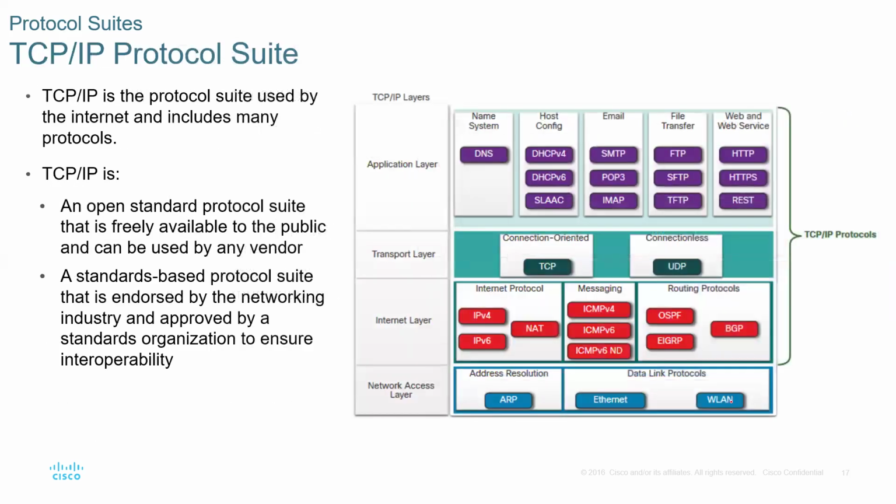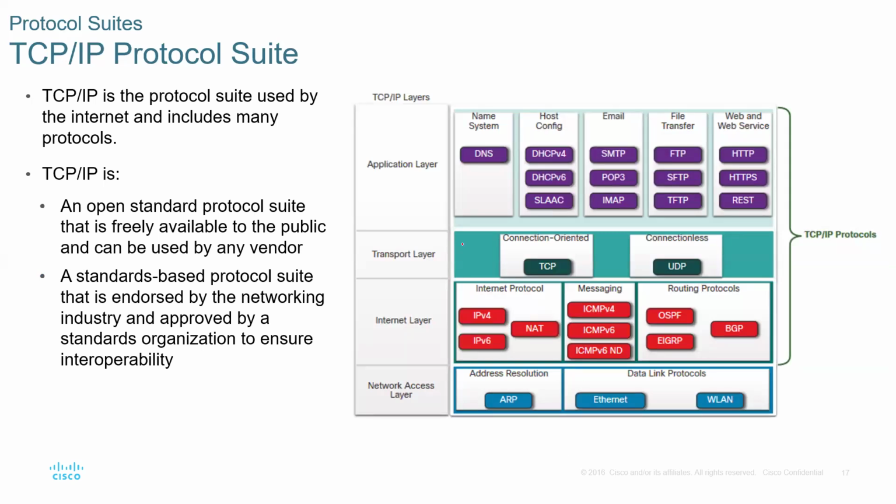We'll look at the TCP/IP protocol suite. I've already touched on that one. It's used by the internet and includes many protocols. An open standard protocol suite, freely available, standards-based, and endorsed by the networking industry. That one and the OSI are the most common we are going to use.